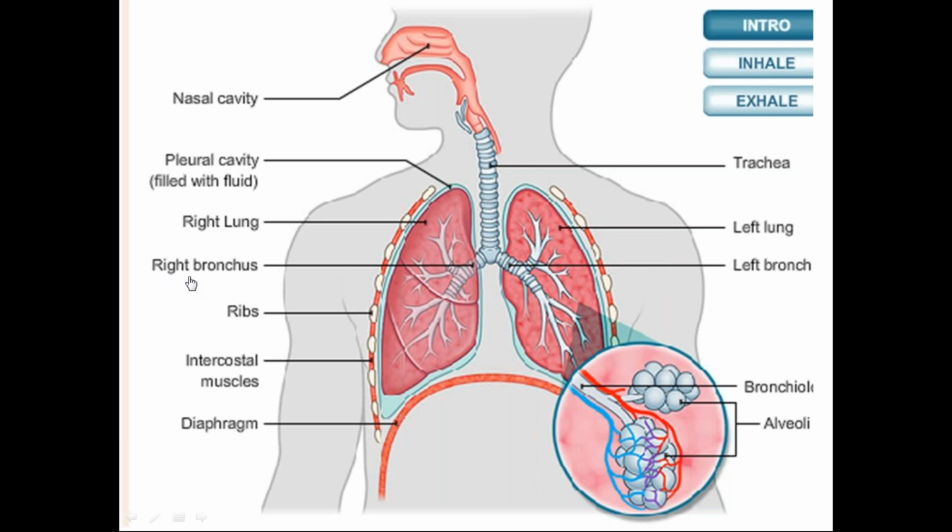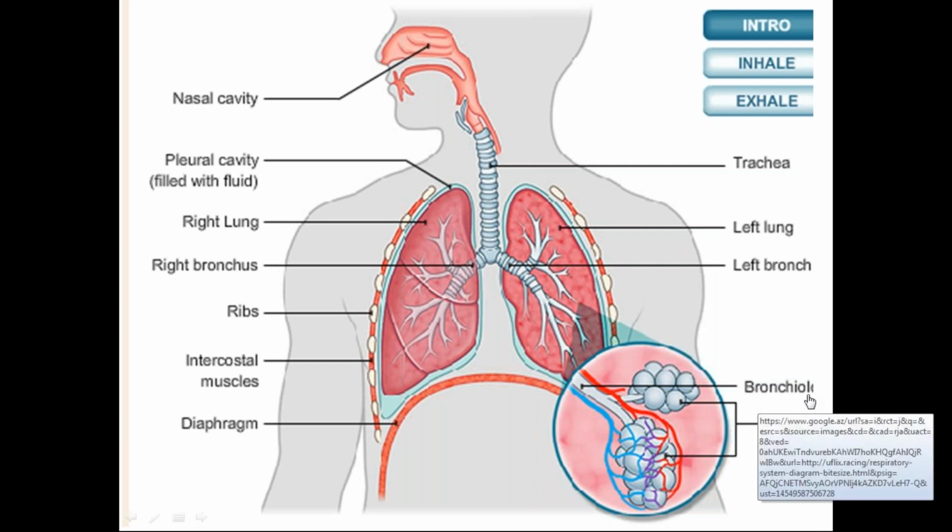So we have two bronchus, the right bronchus that leads the air into the right lung, and the left bronchus that leads the air to the left lung. Then the bronchus itself also branches into bronchioles. These things are here, bronchioles.